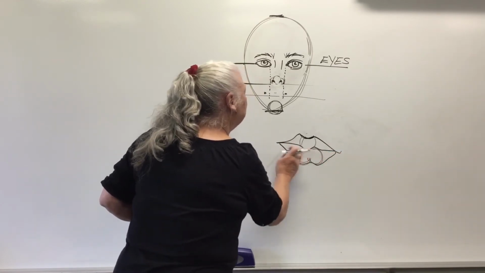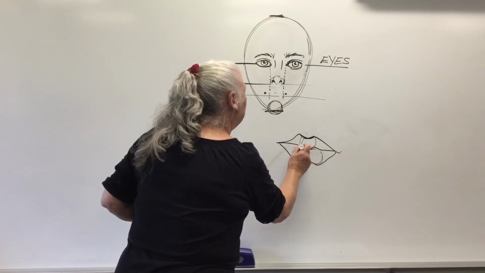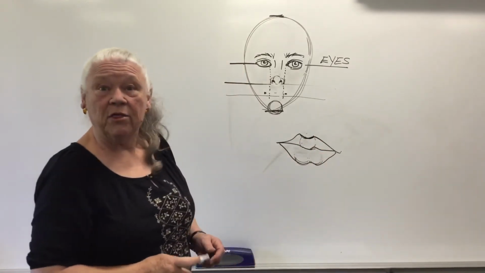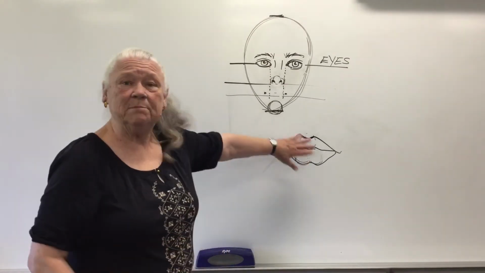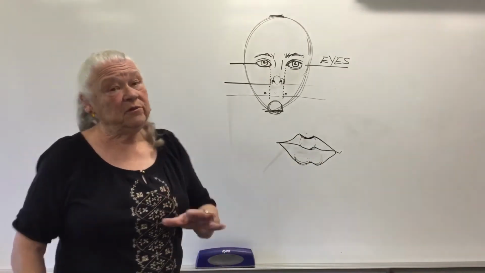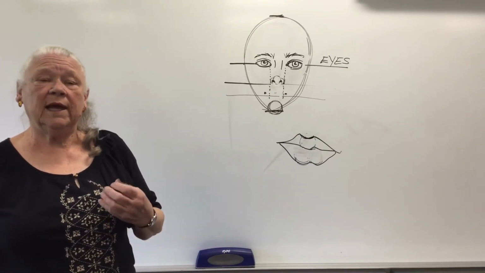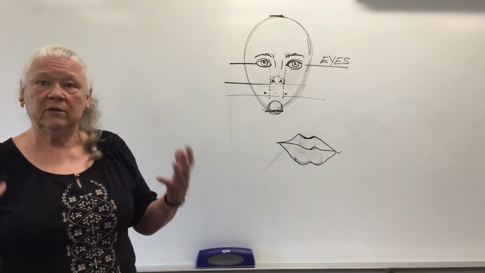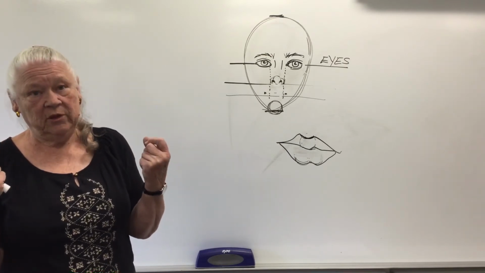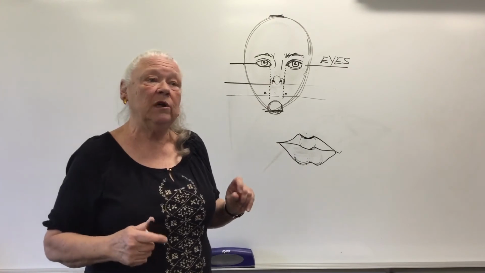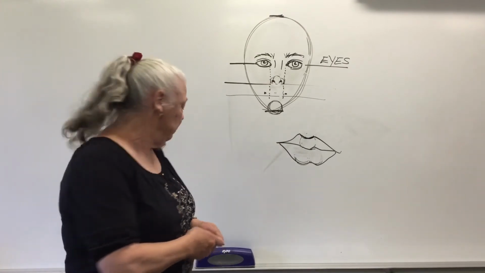And then you can erase these. And you have a mouth. But not everybody's lips look like that. And I will say an artist for drawing a girl will accentuate the roundness and bigness of the lips. Whereas for a boy, you will make them much more linear. Okay?